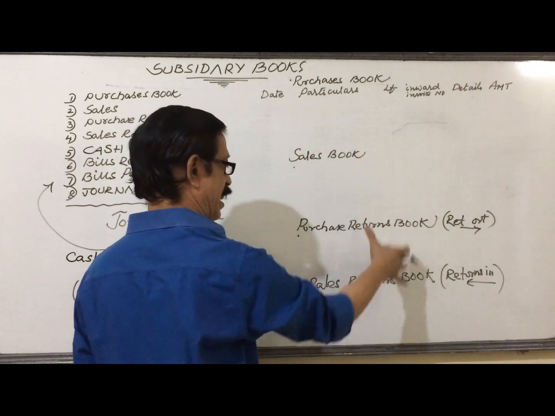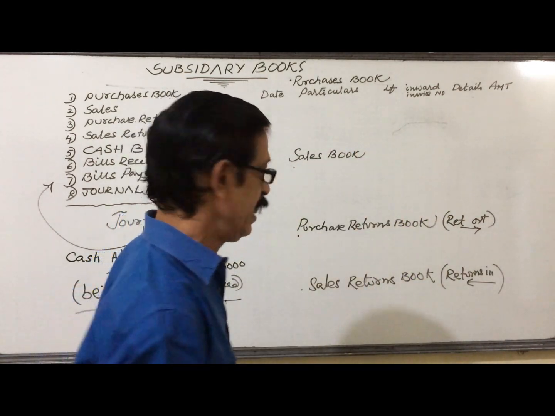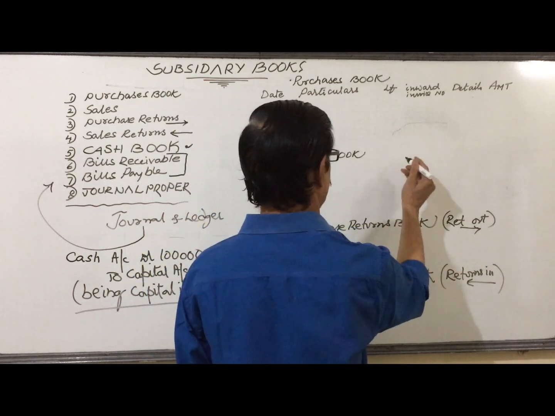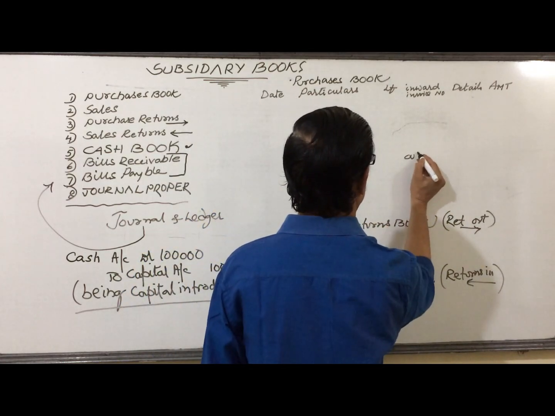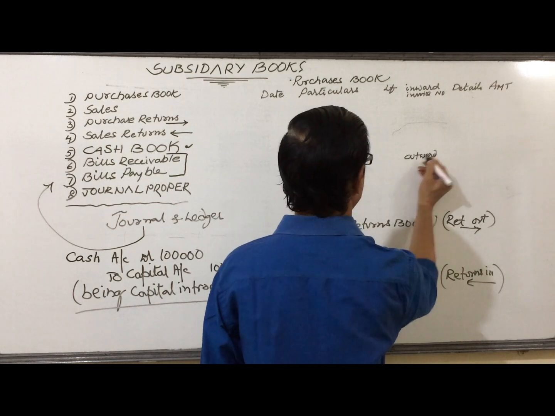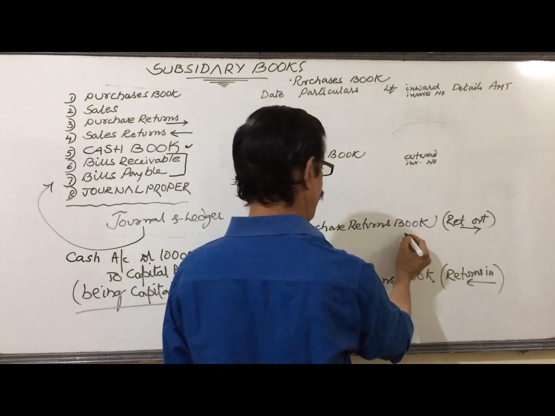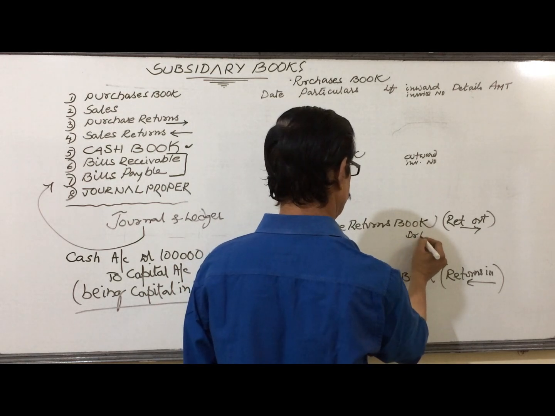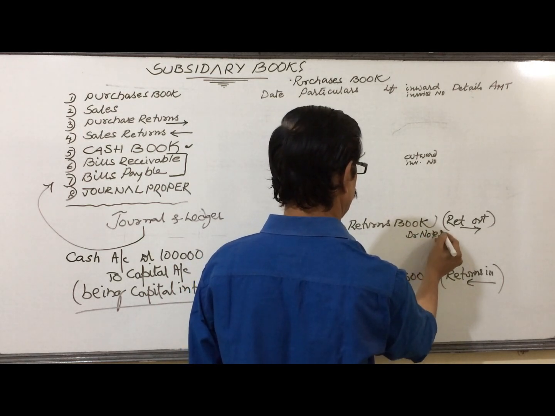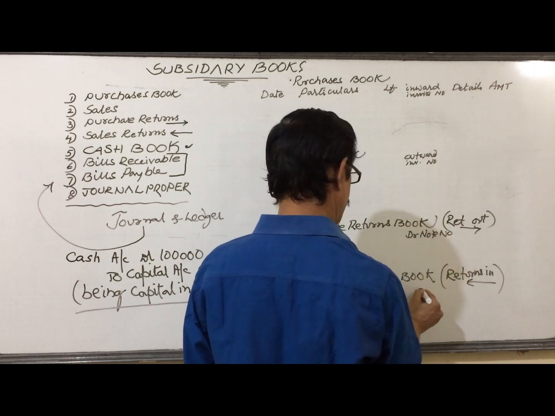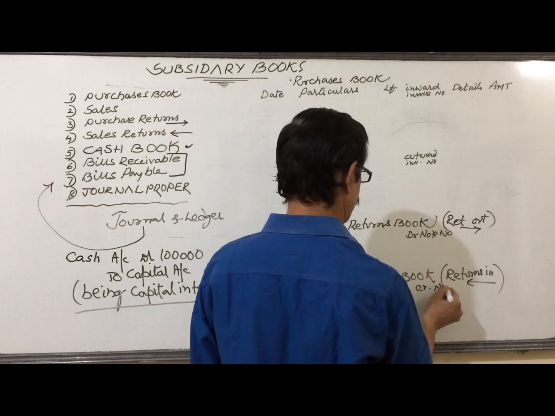The same columns are also in the other books. But here instead of inward invoice number, it is called outward invoice number. Here, debit note number. Here, credit note number.